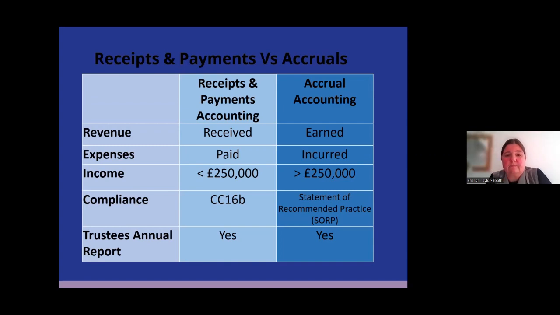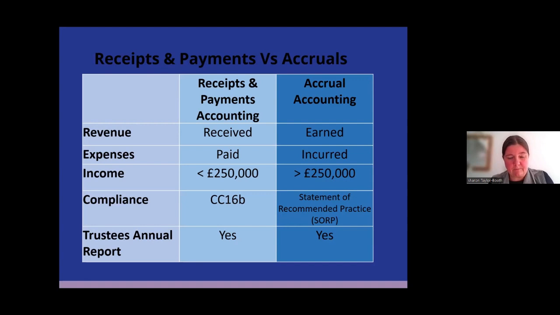Accruals accounts are based on when you earn your money. So, for example, if you had a grant of £100,000 spread over a couple of years, and you earned £50,000 in one year and £50,000 in another, you would apply £50,000 of income to one accounting period and £50,000 to another. And the same with expenses. When you incur that expense, that is when you would report it in your accounts.